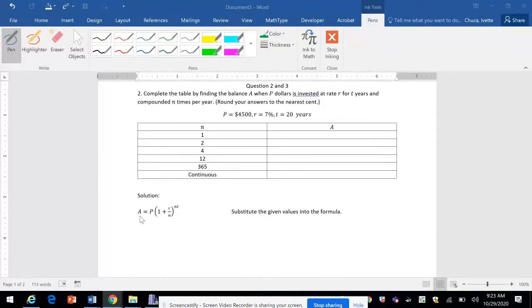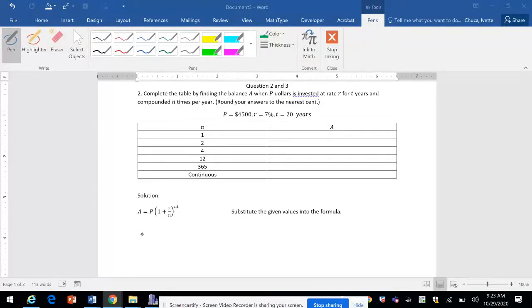So the first thing you want to do is write down the formula for compound interest, which is A equals P times (1 plus R divided by N) raised to the power of N times T. And what we're going to do is fill in the values for each variable that is given.